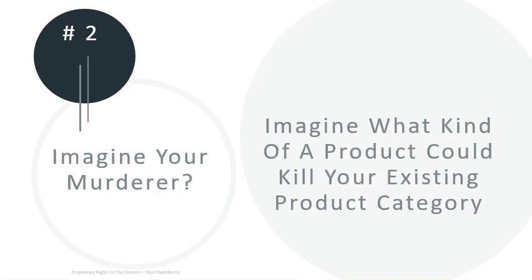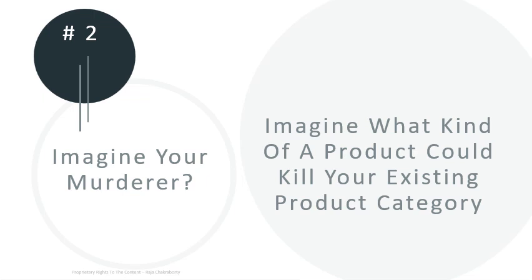Technique number two is imagine your murderer. Sounds a little scary, but no need to be scared. In the context of category and product, it means that you imagine, okay, what is it that could kill my existing product category tomorrow? And when you start imagining, you will start getting ideas about your future competition, right?